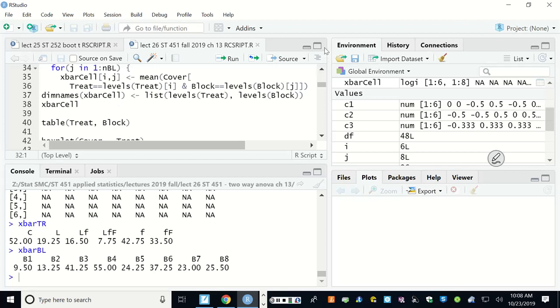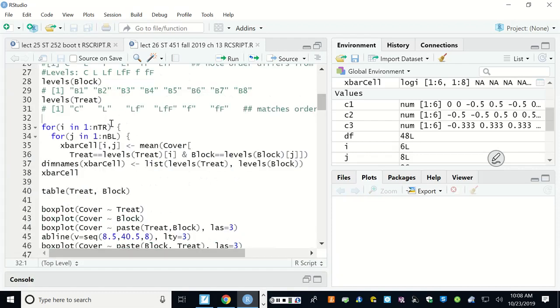So I'm going to do a little programming loop through my treatments and my number of blocks, taking the average value of cover. I'm going to take the values of cover such that the treatment equals a certain level of treatment and the block equals a certain level of block. That will match, and then it will take the average of the 2 observations that are in there.